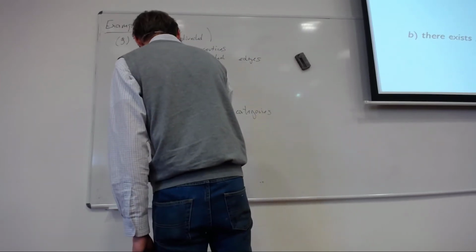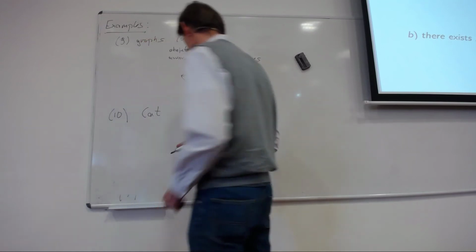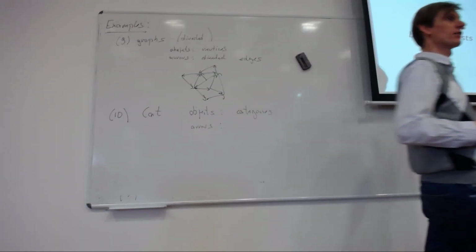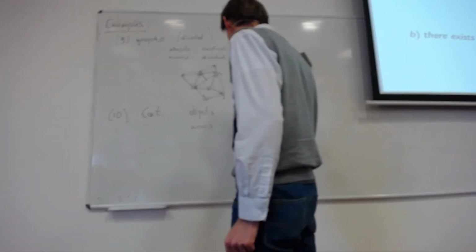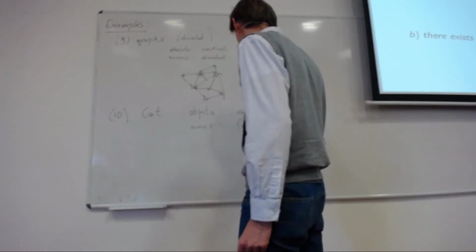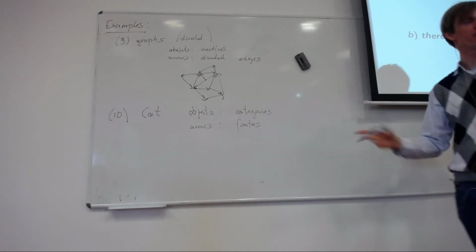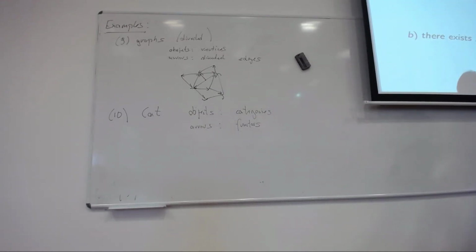And arrows, well, what are arrows then? Arrows are what we call functors. And functors are essentially maps between two categories.